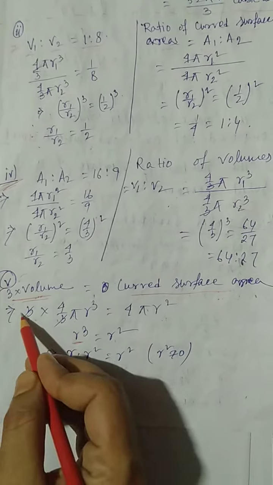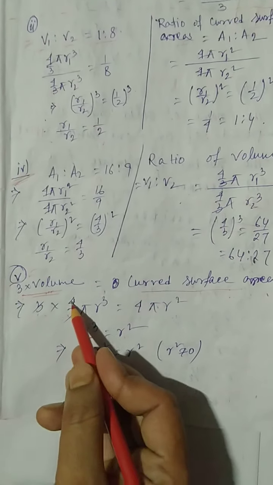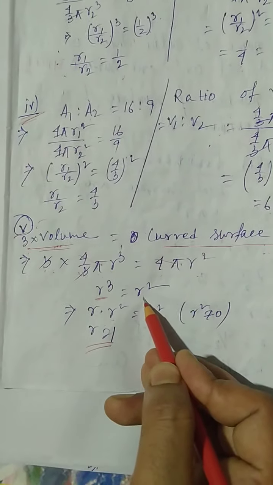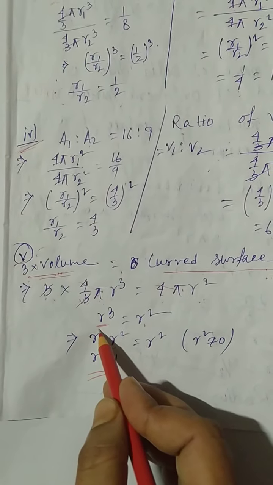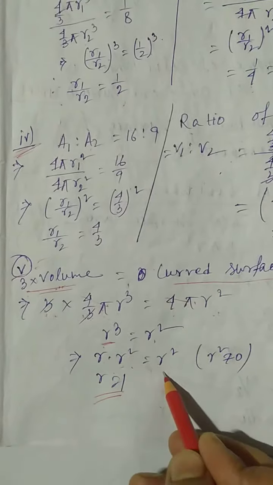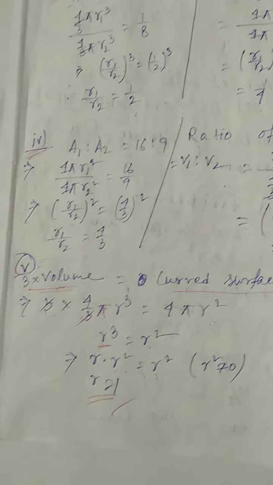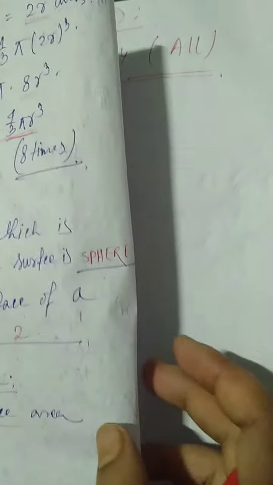Okay. So here 3 will be eliminated, and 4 pi on both sides will be eliminated. So r cube equals r square, and you can write r cube as r into r square. This equals r square. Both sides r square will be eliminated. So r equals 1. So the radius will be 1 unit.